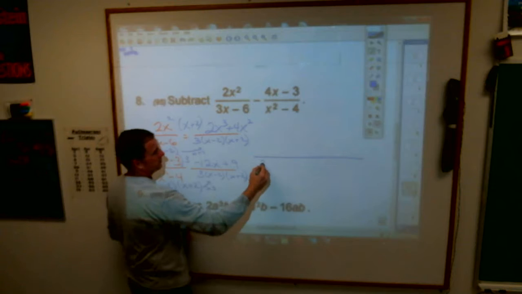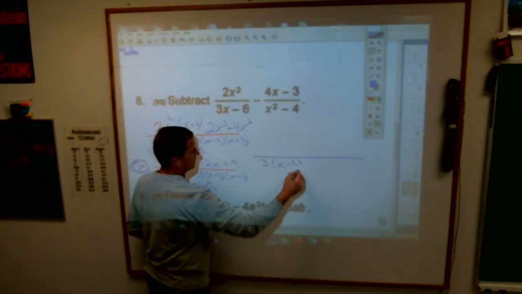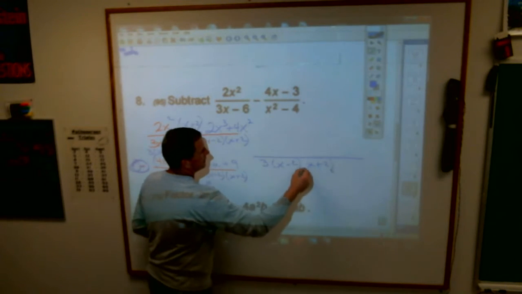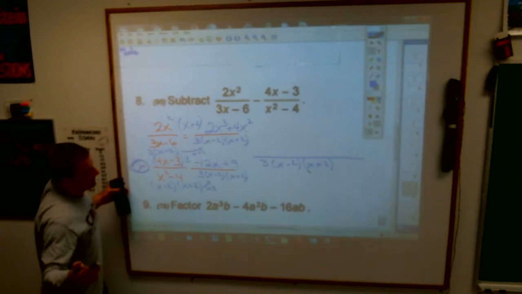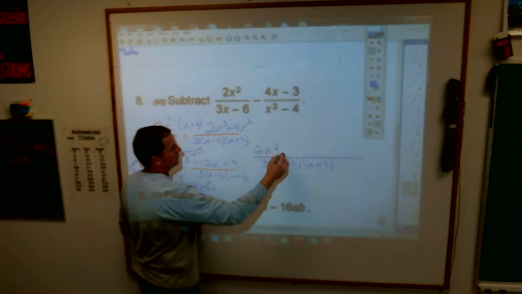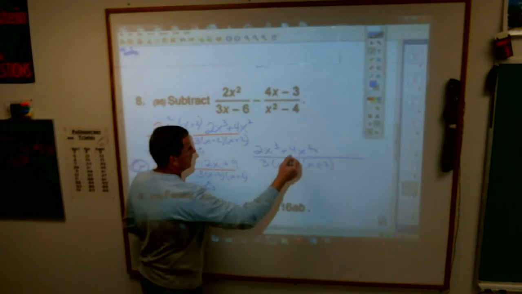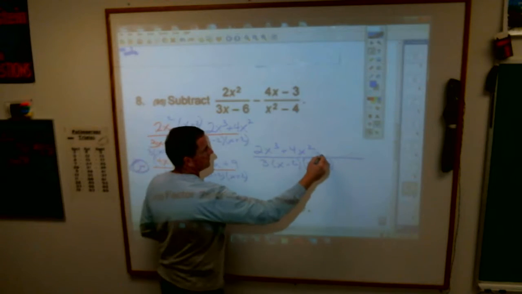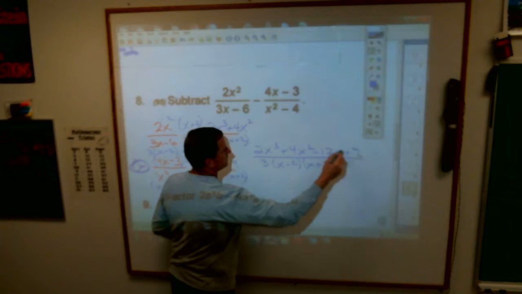On the bottom, you end up with 3 times x minus 2 times x plus 2. On the top, nothing combines, nothing simplifies, you just end up rewriting the whole thing. 2x cubed plus 4x squared minus 12x plus 9.